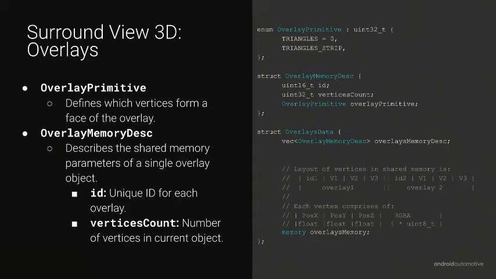And this overlay memory descriptor is going to describe what that shared memory contents are. So the first thing, every object will be associated with an ID, and it has a number of vertices count. So we have a data member for that. And lastly, what primitive is being used. So this describes every object.